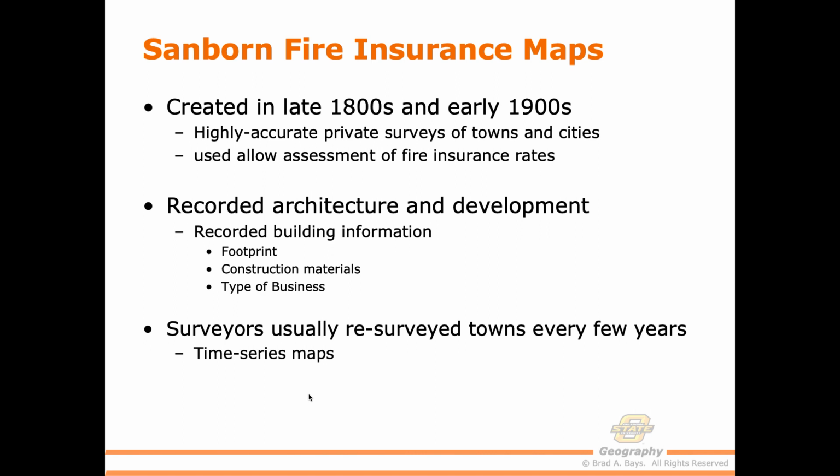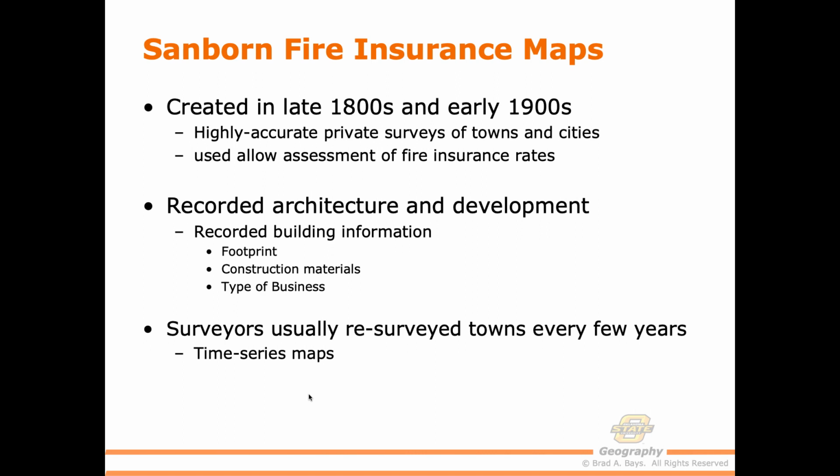These are wonderful maps for understanding changes that took place in towns and cities in the United States during the late 1800s and the early 1900s. These are used by people who are interested in historic preservation, or as your textbook refers to it, the heritage industry. That's in chapter 2.